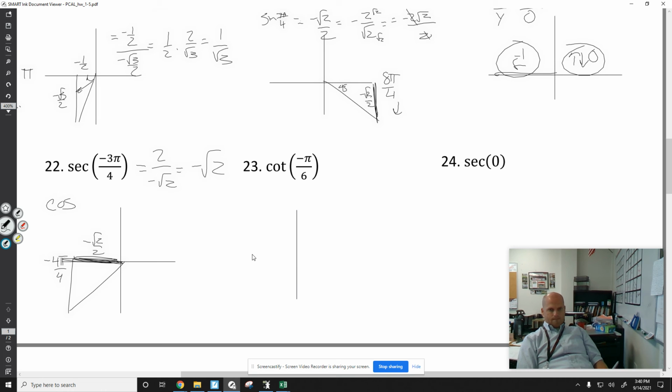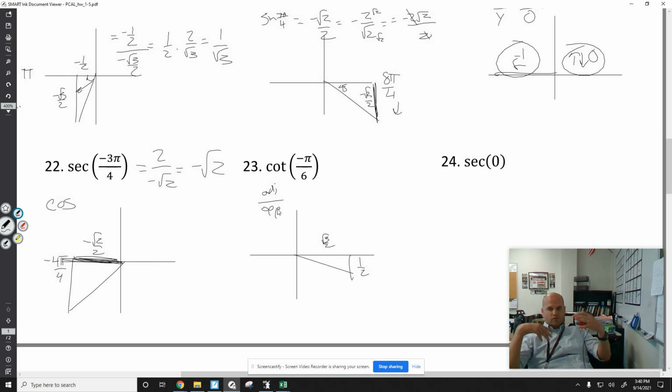Cotangent of negative pi over 6. Adjacent, opposite. That's 30 degrees. Cotangent is adjacent over opposite. It's the reciprocal of tangent, which is opposite over adjacent.